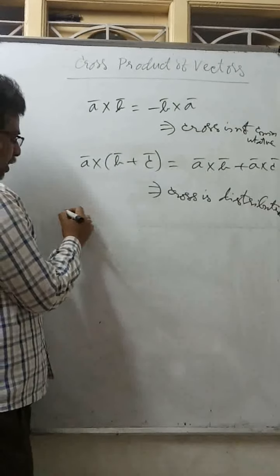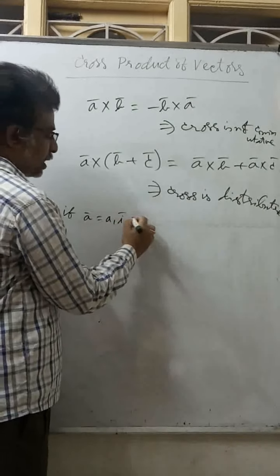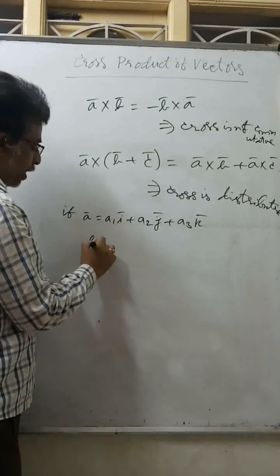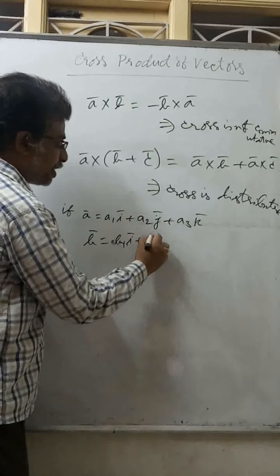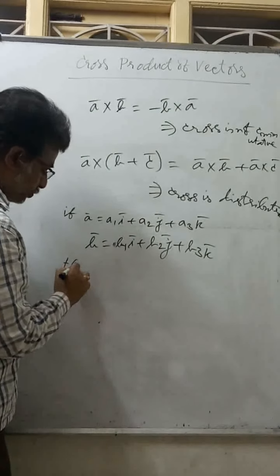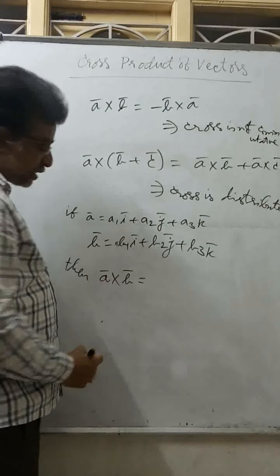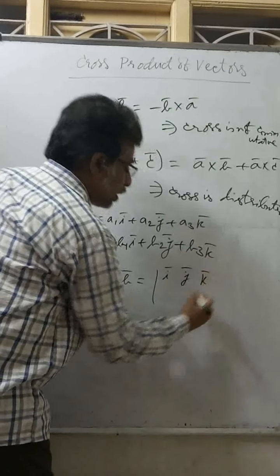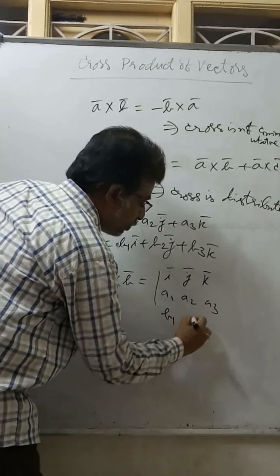Next, if a bar equal to a1 i bar plus a2 j bar plus a3 k bar and b bar equal to b1 i bar plus b2 j bar plus b3 k bar, then a cross b equals the determinant of i j k, a1 a2 a3, b1 b2 b3.